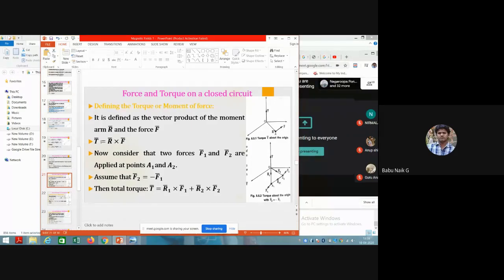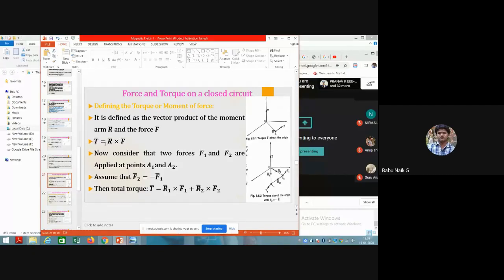So you can define the torque. Torque is the vector product of the moment arm r and the force. That is the cross product, which is called torque.